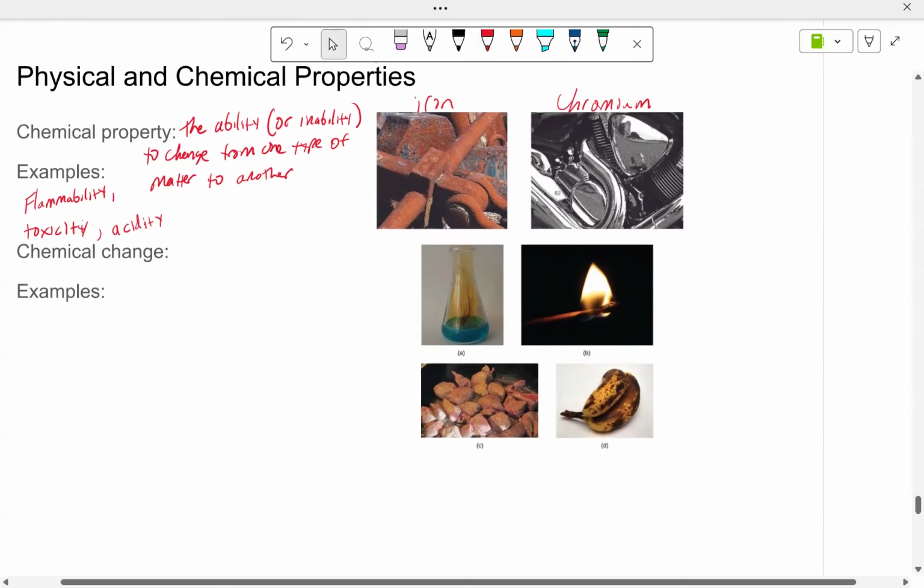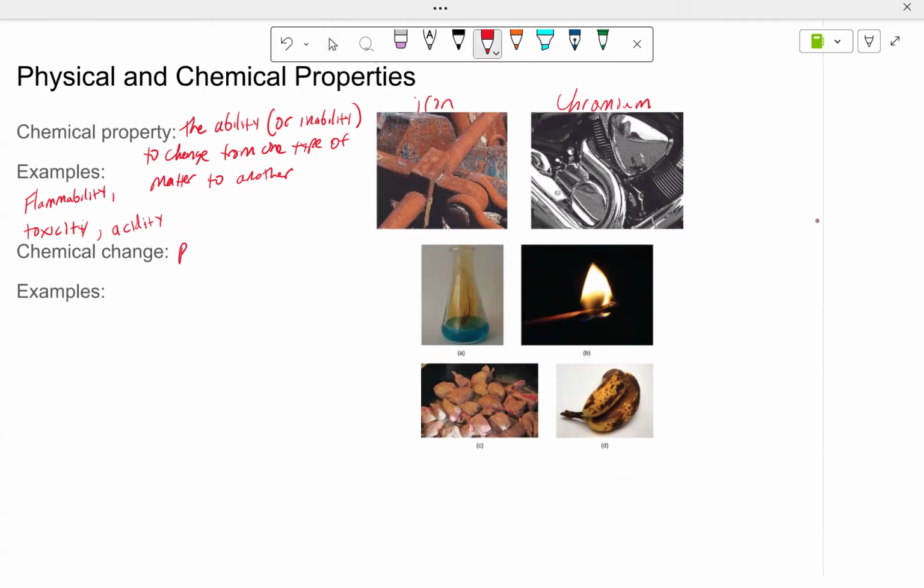Now, associated with those are chemical changes. If physical changes deal with changing states of matter but the compound's still the same, with a chemical change you can start thinking, well, it deals with changing a substance from one thing and completely changing its identity.